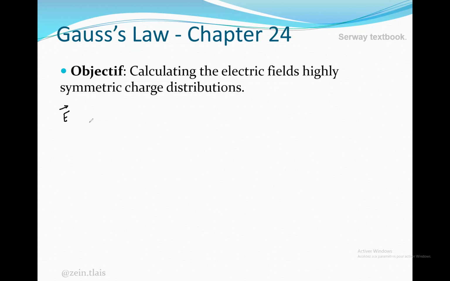What I mean by this is that the charges inside these objects must be distributed symmetrically. I can give you some examples of this kind of object.